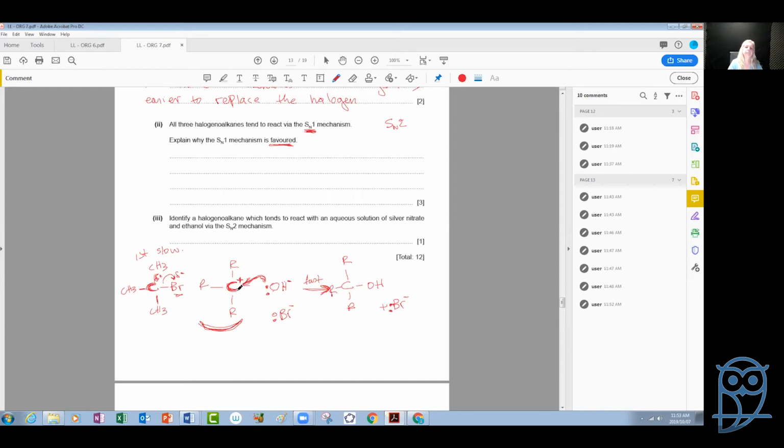And so now in our answer, explain why this mechanism is favored. First of all, it is favored because these are tertiary halogenoalkanes, which means we have the formation of a tertiary carbocation. We have to say that, it's very important: tertiary halogenoalkanes.